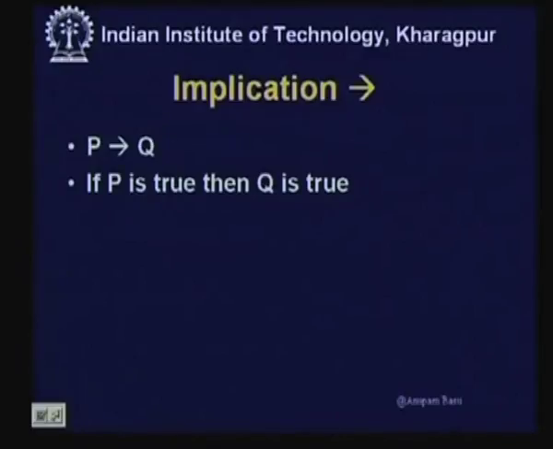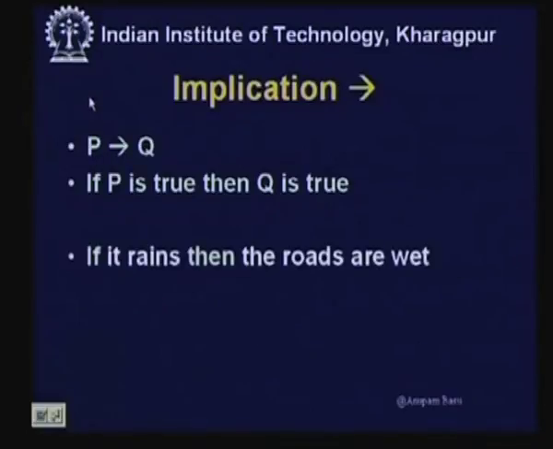All right. P implies Q, then if P is true, then Q is true. But not the other way around. It tells of a necessary condition. If P is true, then Q will certainly be true. But it tells of a sufficient condition.